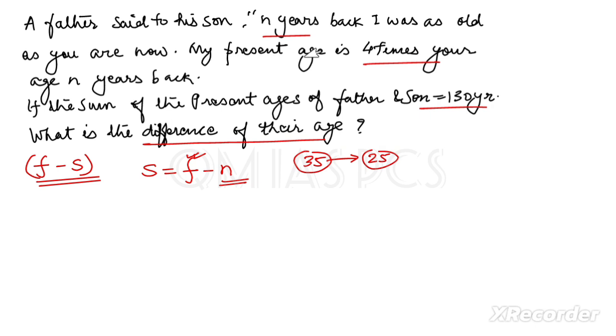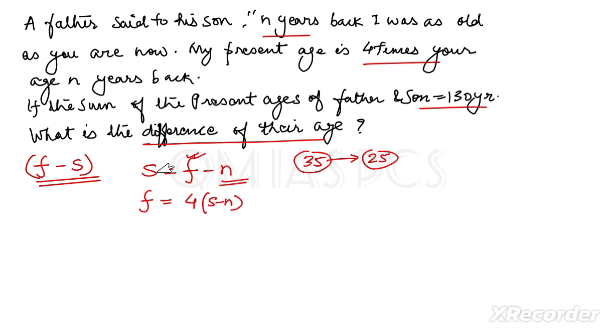The second one is, my present age is 4 times your age n years back. That means F is equal to 4 times the son's age n years back, like S minus n.